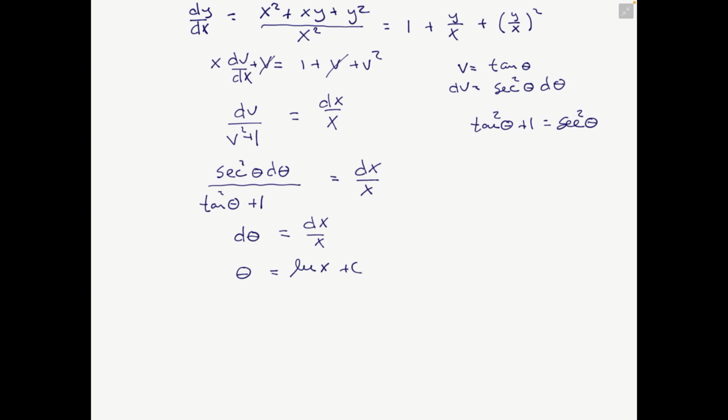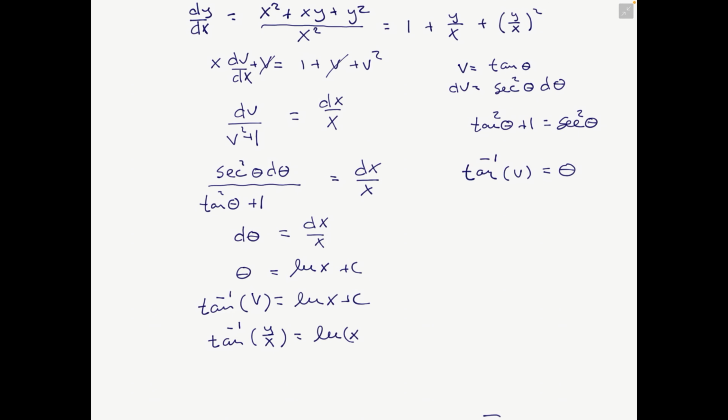And arctan of v equals theta. So we have arctan of v equals ln x plus c. And then we have arctan of y on x equals ln x plus c.